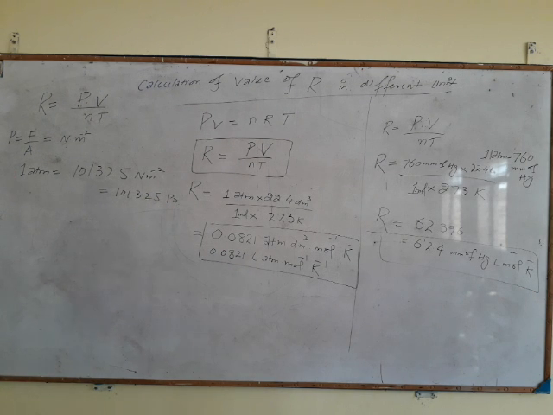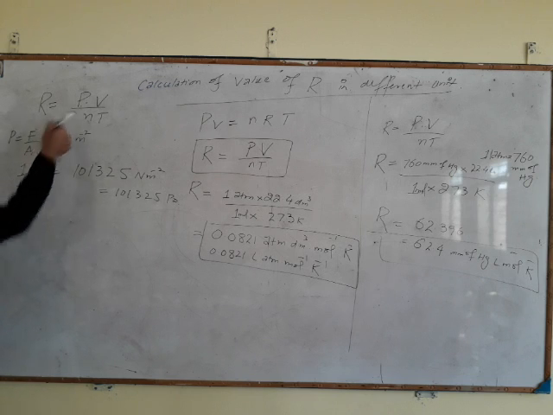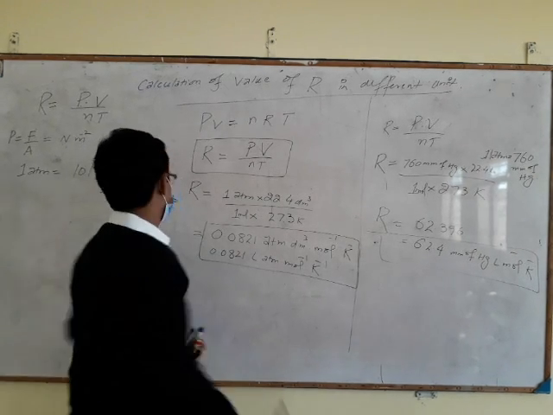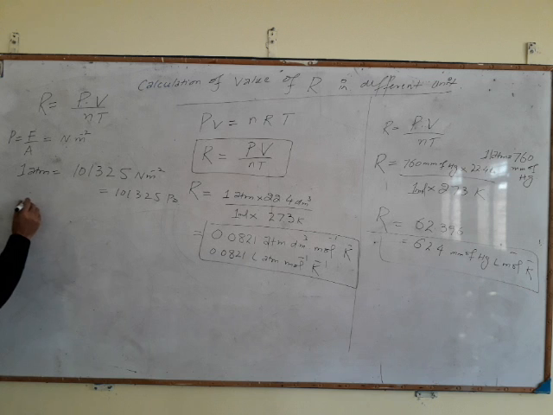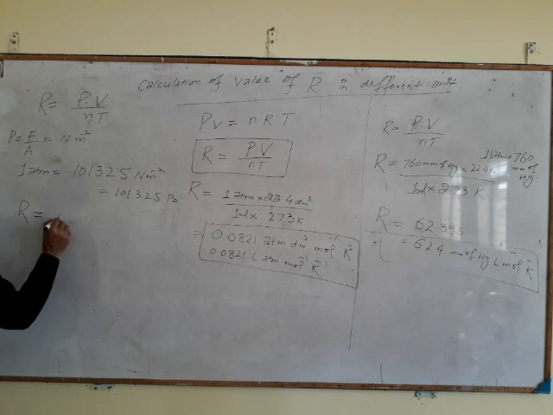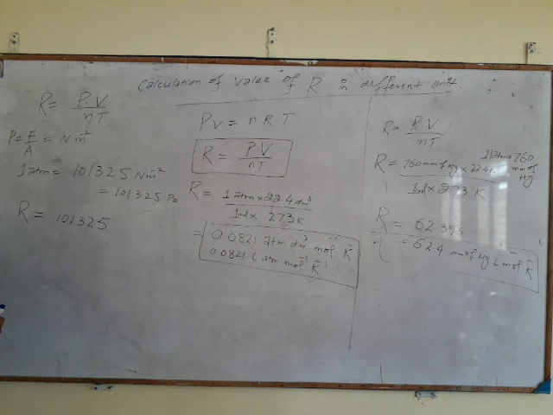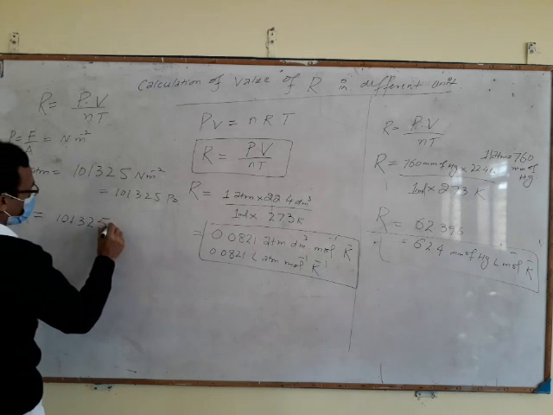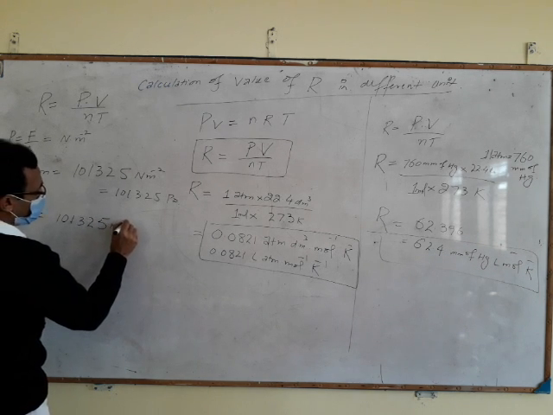Similarly, the SI unit of length is meter. Now, if we take volume in cubic meter, then what do we get? R is equal to P, 101,325 Newton meter per meter square.